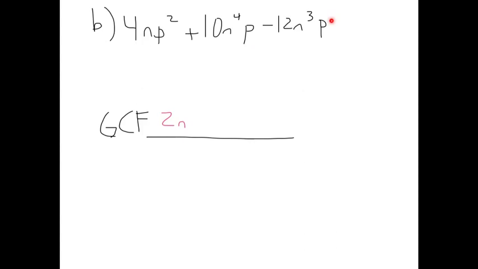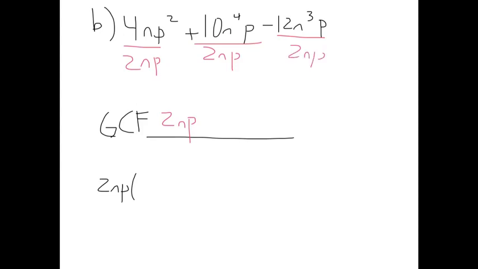So the largest thing I can pull is a p. So 2np is my GCF. And like I did last time, I put that GCF in front of a set of brackets. I factor out 2np out of all those terms, or I divide them all by 2np, and write the remaining stuff inside these brackets here.